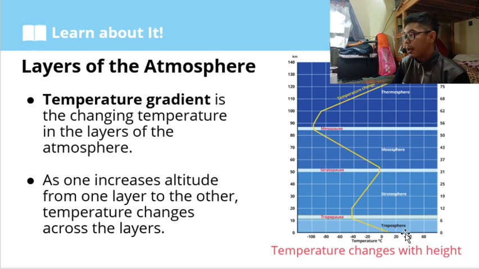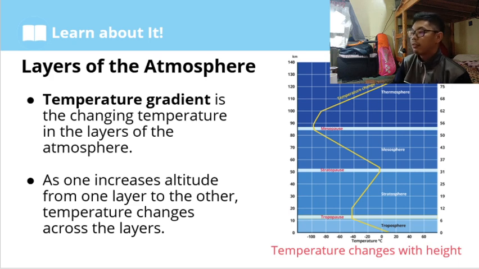So troposphere, tropo, then add pause. So tropopause is the one in between your troposphere and your stratosphere. The same goes here. In the middle of your stratosphere and your mesosphere is your stratopause. And this goes up. So you know the pattern already.